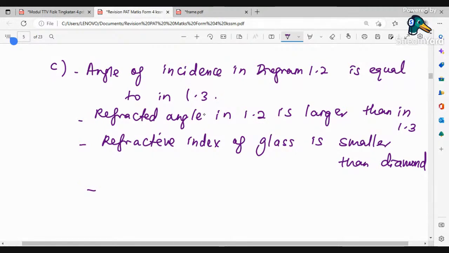Okay, you nampak glass punya refracted angle larger, refractive index smaller.